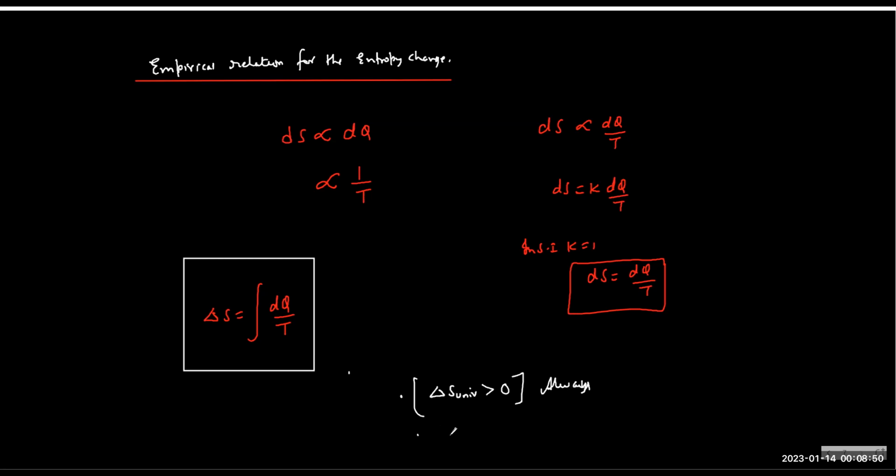But if I break down the universe into two parts, system and surrounding, then this is also positive. But does it mean that the system is always positive?